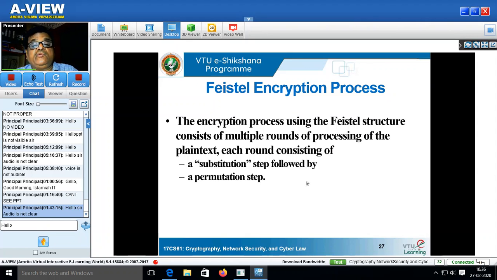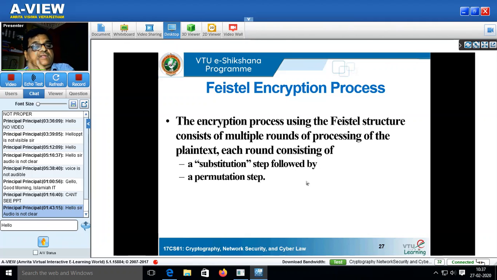The encryption process using the Feistel structure consists of multiple rounds of processing of each plain text. Each round consists of a substitution step followed by a permutation step. We had seen it in the earlier diagram.